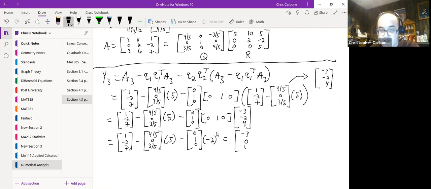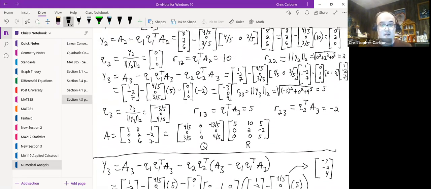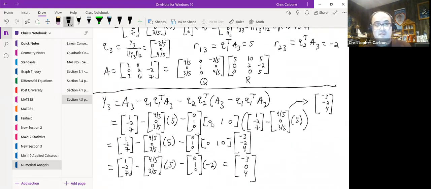That would give us a value of 4. As you can see, we get the vector negative 3, 0, 4, and that matches the exact vector that we had up here for y sub 3. So the only difference is the calculation, but all the other work is the same, and we would obtain this exact same answer if I do out the work.